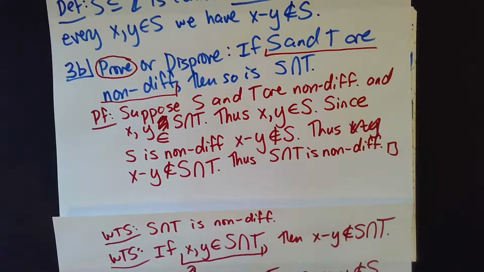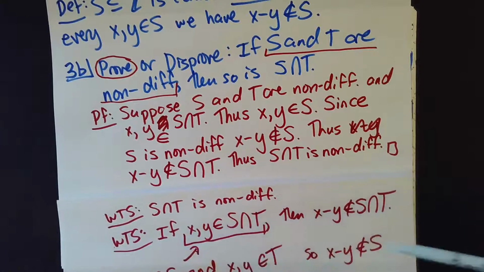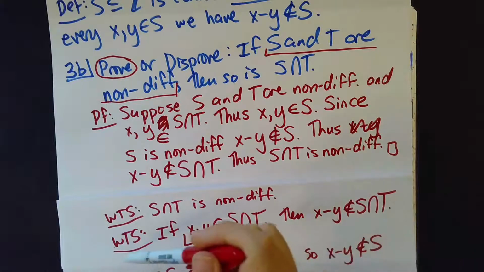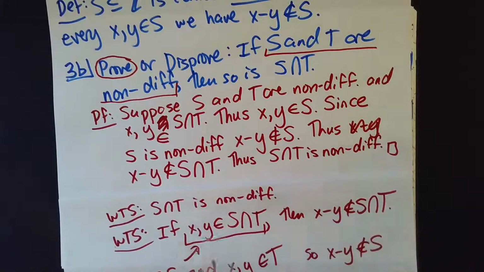Very often the key is going to be in your scratch paper, sort of writing and rewriting until the thing you want to show is now just an if-then statement, because then you know how to formulate an if-then proof.